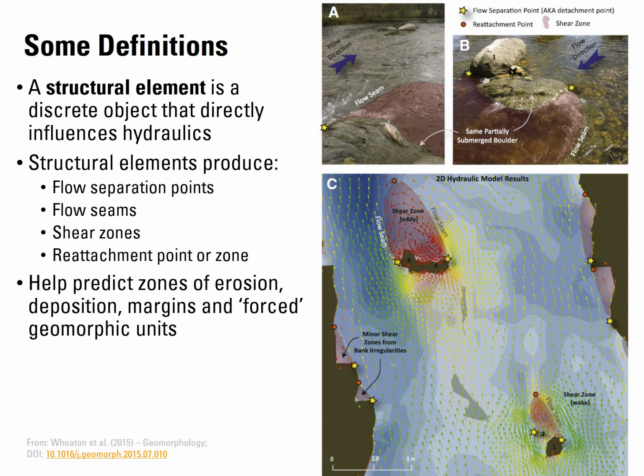Now, a big caveat. You can get really good at snapshots of reading riverscapes. But bear in mind, most of the time when you're looking at a riverscape, it's at low flow.